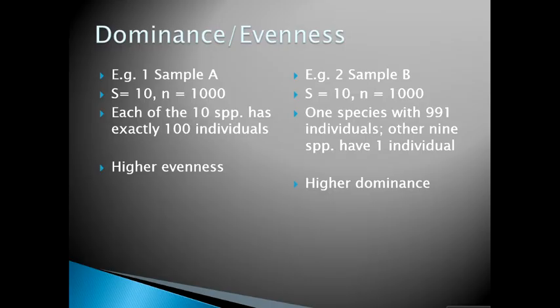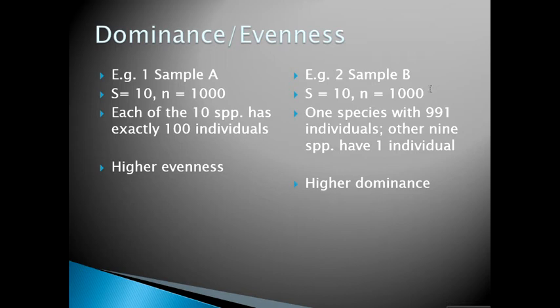There's another way to look at this as well, and that is the dominance or evenness of this. So let's say you have two other samples here, and they have a species richness of 10, both of them, sample A and B, and both of them have 1,000 individuals. Well, if you plug those into the various formulas, you'd get the same number.